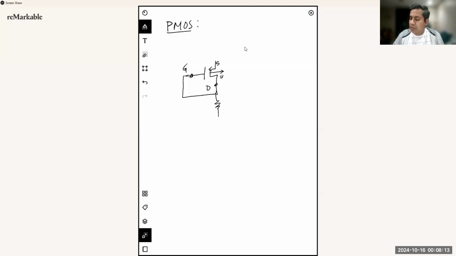Then you have a resistor and a voltage source that is connected here. And then here you have a voltage source between the body and the source terminal, which is then connected to ground, which just loops back to this ground here.